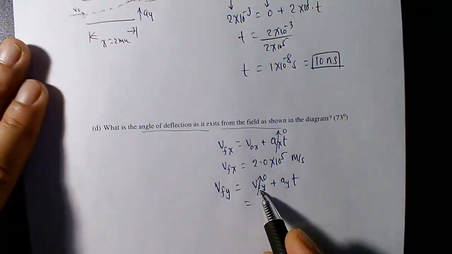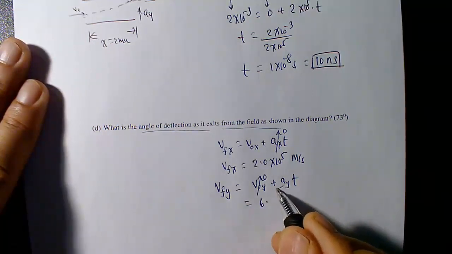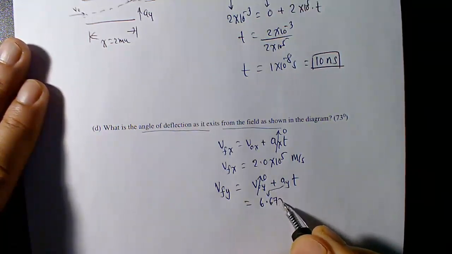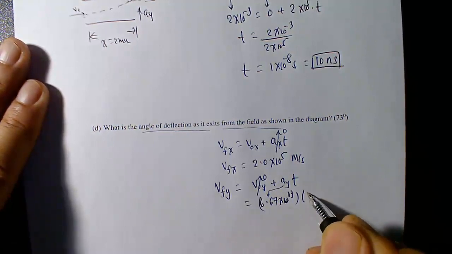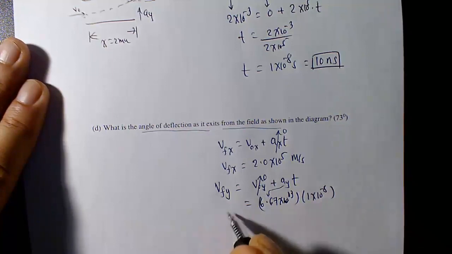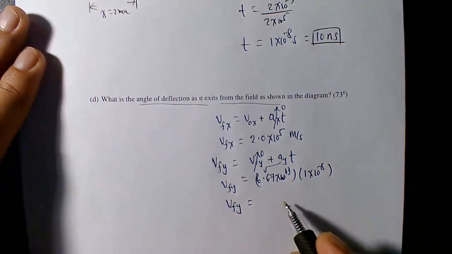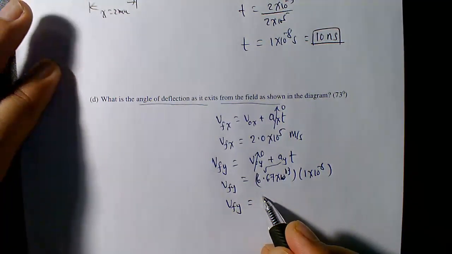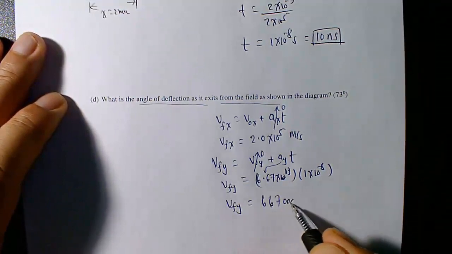And ay is from part B, 6.67 times 10 to the power 13. Time is 10 nanoseconds, so 1 times 10 to the power -8. That gives the y component of the final velocity.